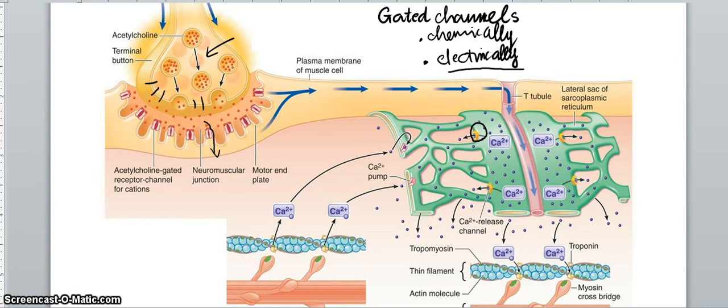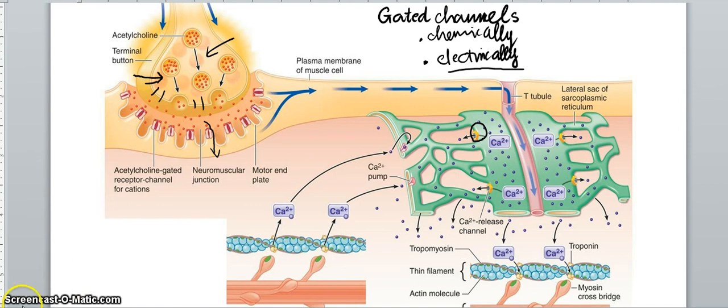If there is a more positive environment in this neuron, this electrical change will activate these calcium electrically gated channels to open up and let calcium flow into the neuron. Remember that calcium will activate the SNARE complex, and the SNARE complex will fuse the membrane of the vesicle with the membrane of the neuron, inducing exocytosis of the vesicle and release of acetylcholine into the synaptic cleft.